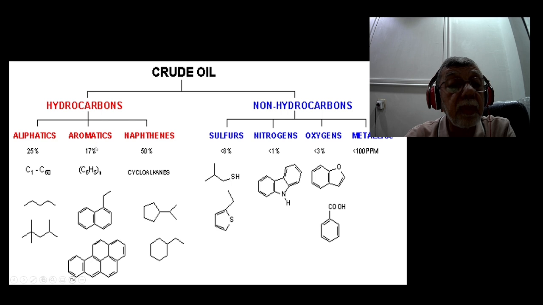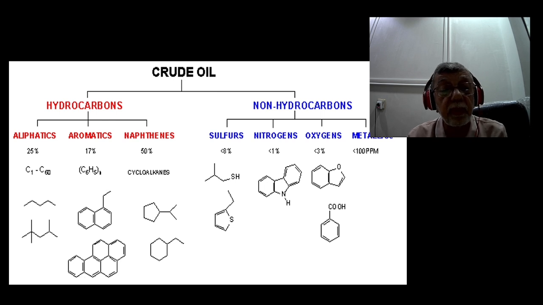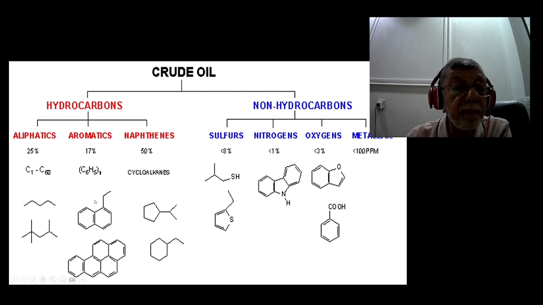So the aromatic, about 70%. Aromatic is any compound which contains a benzene ring, C6H6, and it is unsaturated with a high octane number. Its boiling point is higher than paraffin because it started from C6.